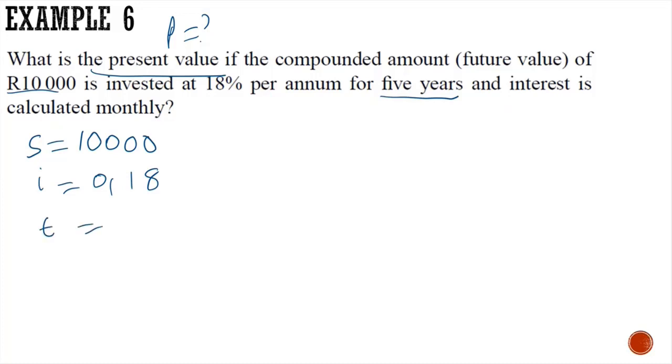Your T is equal to 5, and the interest is calculated monthly. That means it is compounding monthly, so your M is equal to 12. You are looking for P.